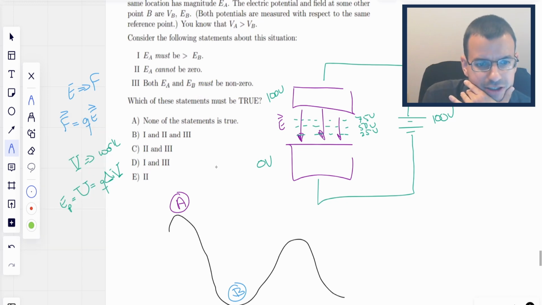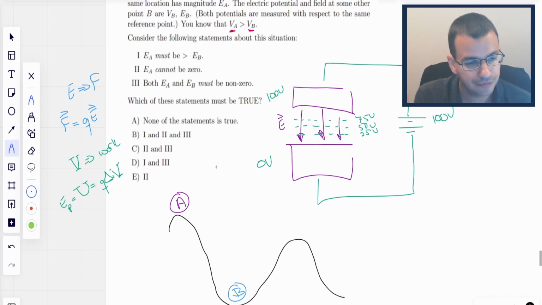Okay, game face. What they tell us is that voltage A is greater than voltage B. In terms of this ball analogy, the gravitational potential energy, or potential energy times mass basically, of ball A is higher than ball B. And the net force pulling it down is equivalent to the electric field.